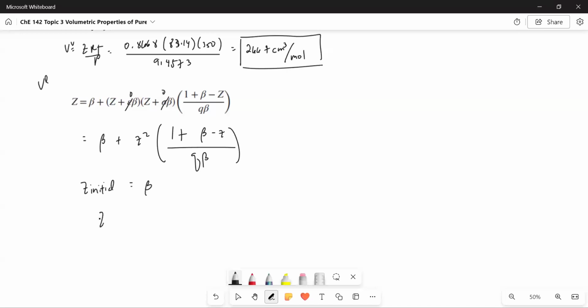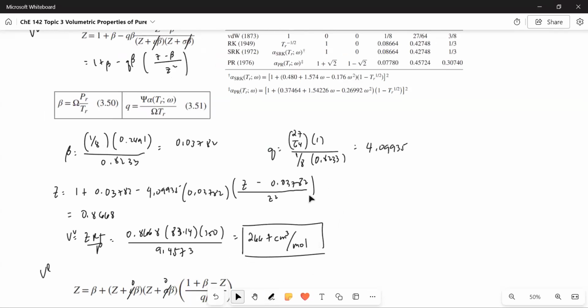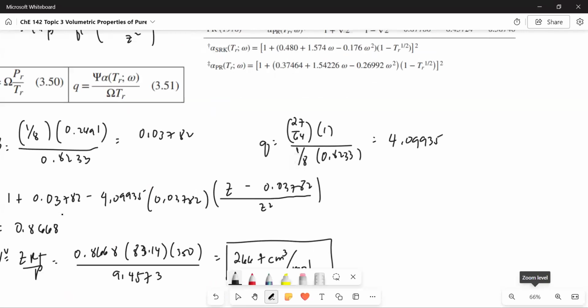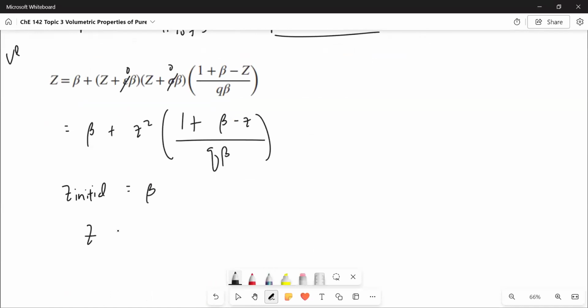So Z from iteration is 0.062059, and therefore V for liquid-like, substitute everything.